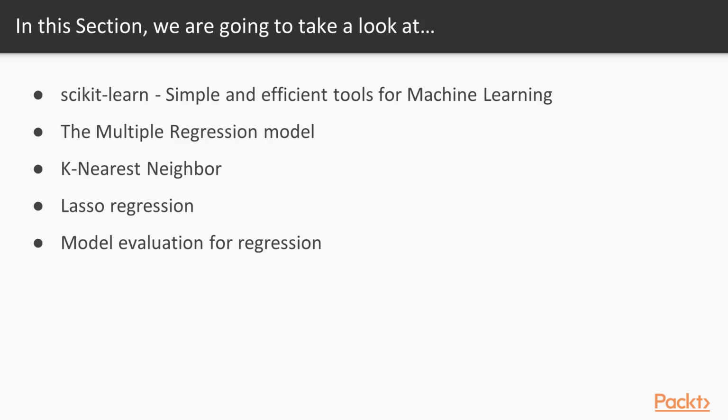Then we will talk about the k-nearest neighbors model for regression. And finally, we will talk about the lasso or lasso regression, which is a clever modification to the multiple regression model that allows us to automatically do feature selection as well as something called regularization.